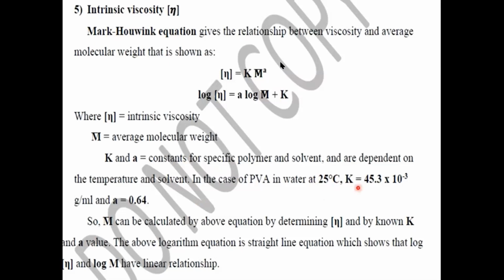So, average molecular weight can be calculated by the above equation, that means the Mark-Houwink equation, by determination of the intrinsic viscosity and by knowing a and K. Now, if I calculate intrinsic viscosity, and a constant and K constant are known, only the average molecular weight is still unknown. And the above logarithm equation is a straight line equation, which shows that log [η] and log molecular weight have a linear relationship.